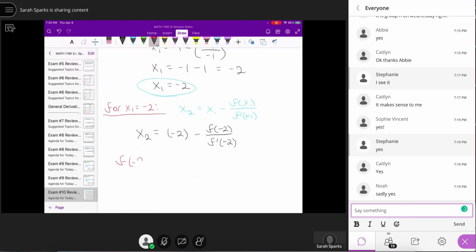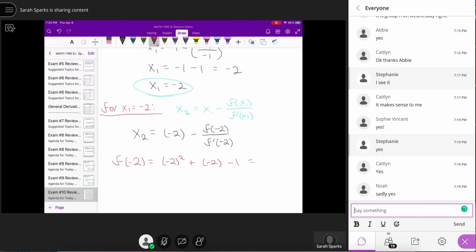f of -2 is going to be -2 squared plus -2 minus 1. So that's going to be 4 minus 3, which is equal to 1. So f of -2 is equal to 1.